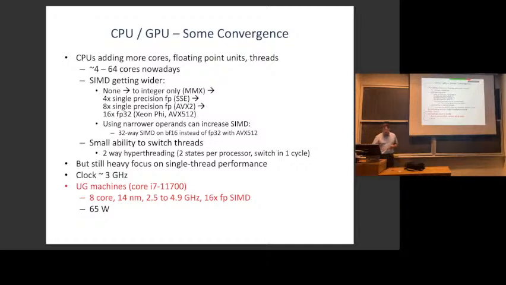The UG machines that you're going to use have an Intel Core i7 processor in them, and these are just the statistics on that, so you can bear that in mind in your comparison. They have 8 cores. They're 14 nanometer, so a pretty recent manufacturing process. Their clock frequency is highly variable: 2.5 to 4.9 gigahertz.